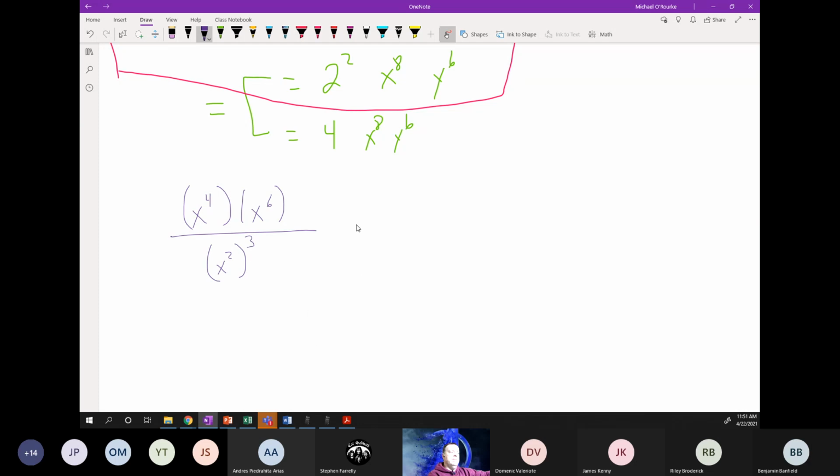Okay. Now the rule when you have this is, for lack of a better term, do the top and bottom first.